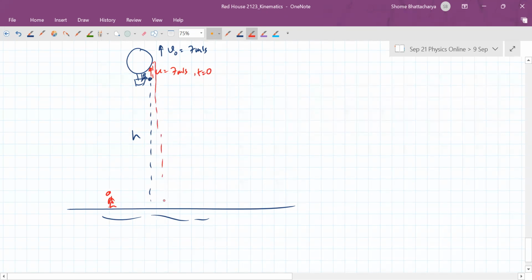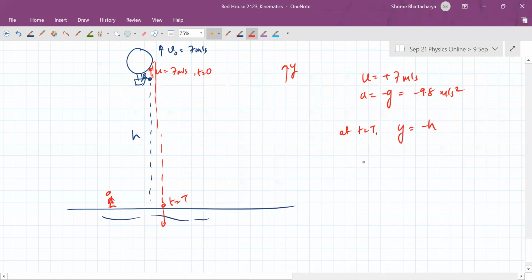Okay. So taking our y-axis as upwards, we can take u as plus 7 meters per second. We can take acceleration as minus g or minus 9.8 meters per second square. And whenever it hits the ground at some time t, the displacement should become minus h. Okay.